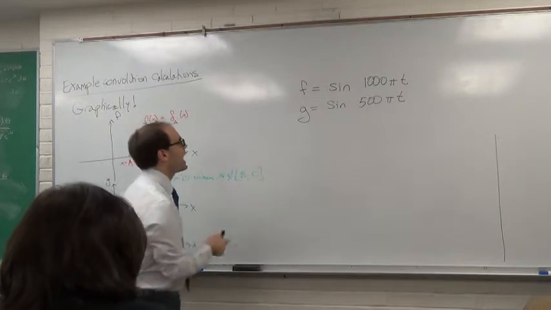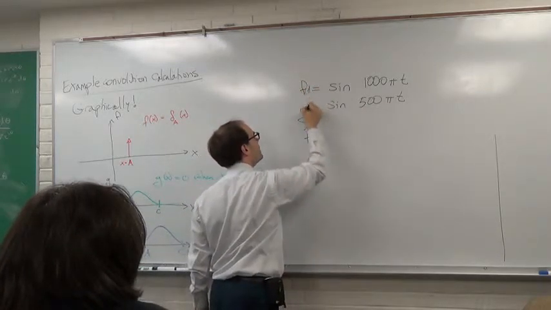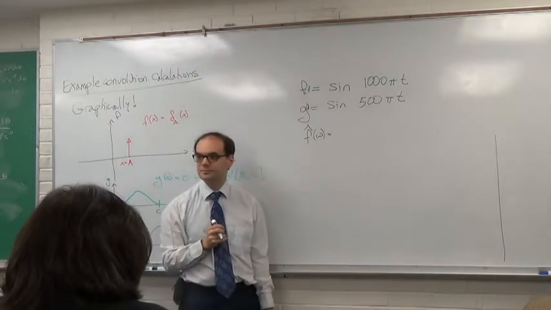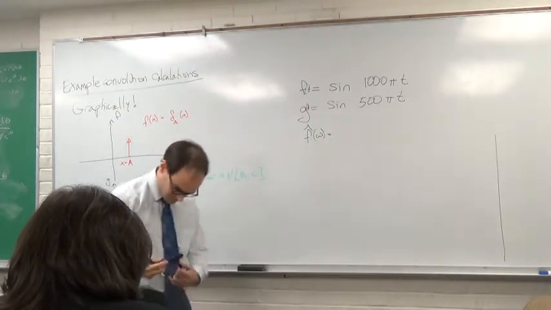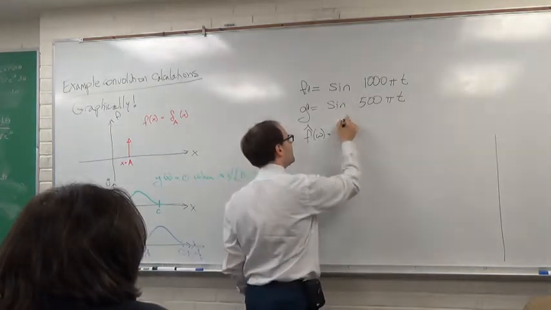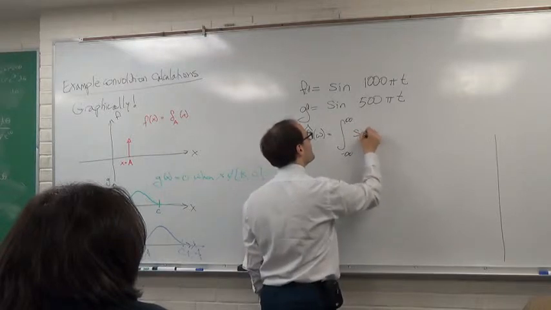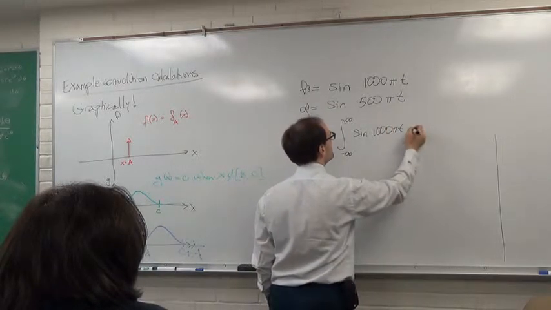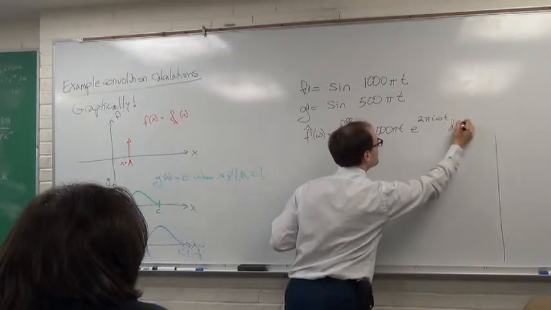Now, what's f hat of omega? Well, if it's not immediately apparent, let's write out the formula: the integral of sine 1,000 pi t times e to the 2 pi i omega t dt.